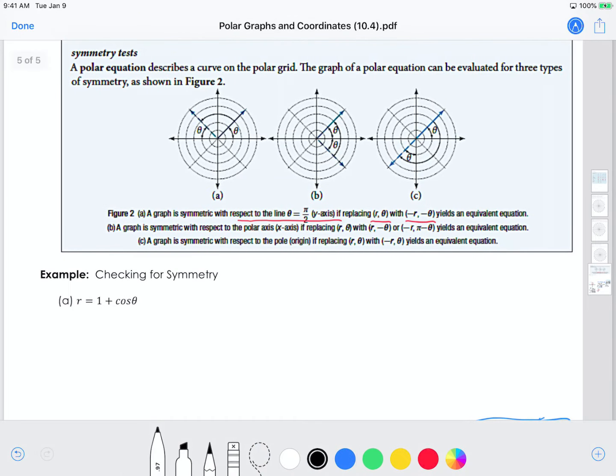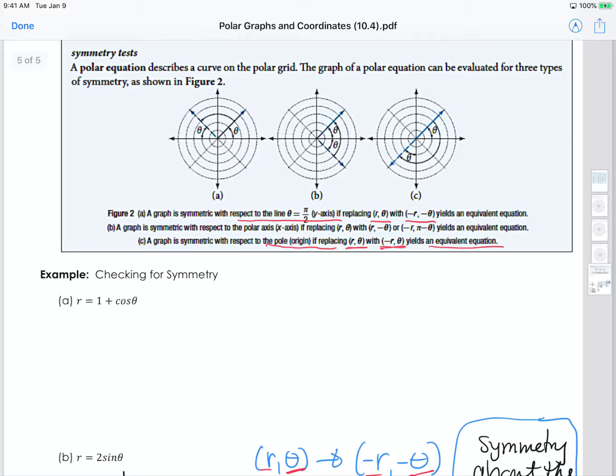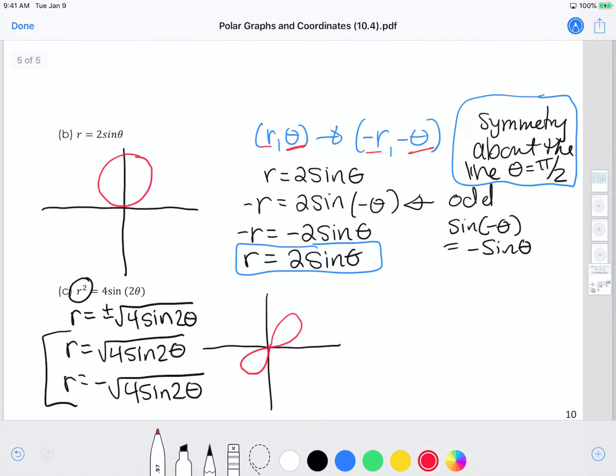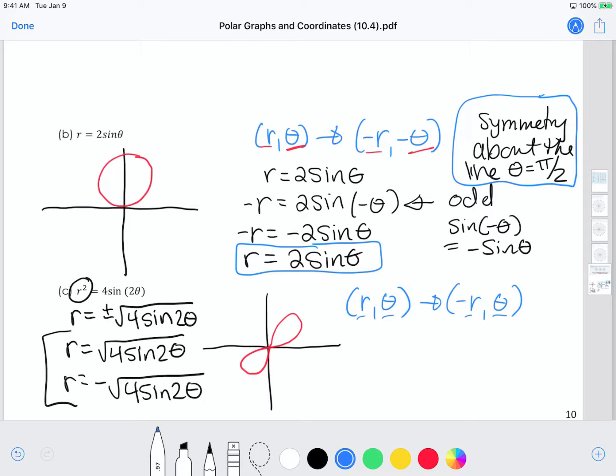So if I come up here and I read, it says a graph is symmetric with respect to the pole if we replace r and theta with negative r and theta and we get the same equation back. So I'm going to replace r, theta with negative r, theta. Notice theta stays the same. We're only replacing r with negative r.